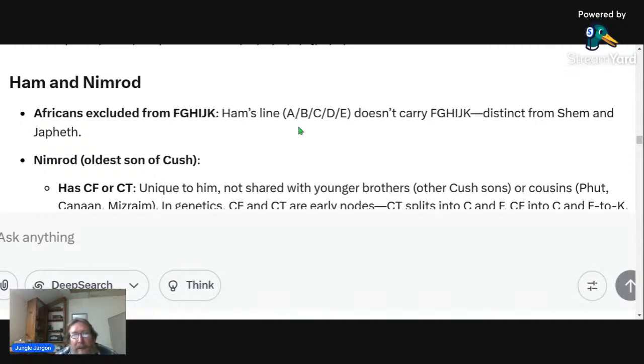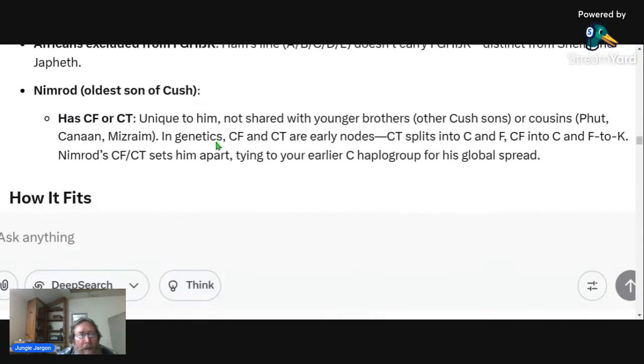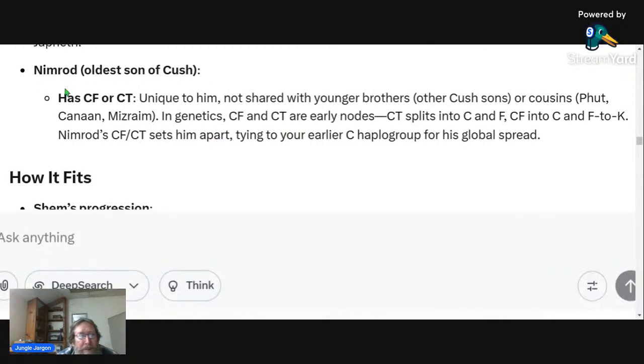Ham's line, A, B, C, D, E, doesn't carry FGHIJK distinct from Shem. No, it doesn't carry this marker, but there are other markers which everyone does share or can share, depending on which marker it is.